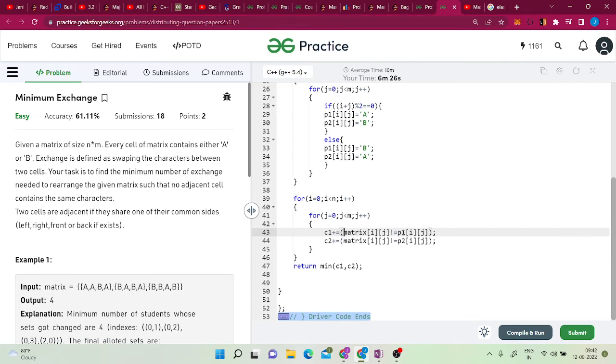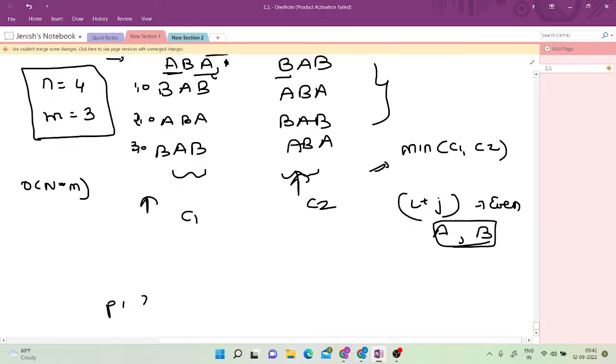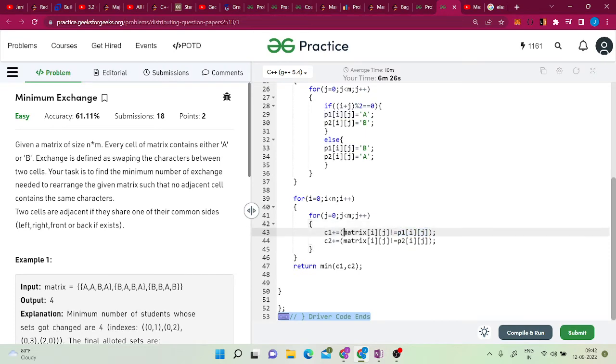So if my matrix of i j is not equal to P1 i j, which I have formed, see, P1 and P2 are the final matrices which I am pretty sure do not contain any adjacent same characters. So this I know, and the end result I know. That's why I need to check how many unmatchings there are in P1 and P2.